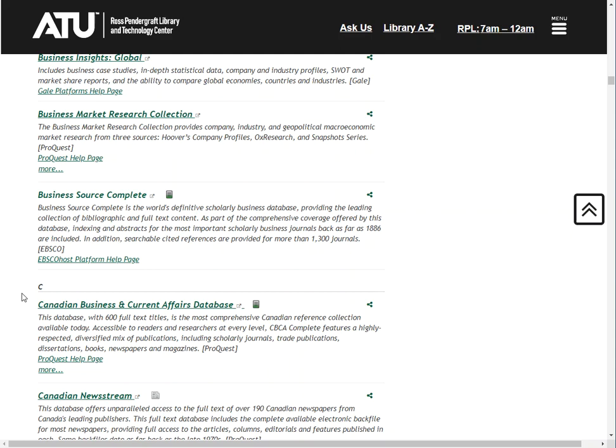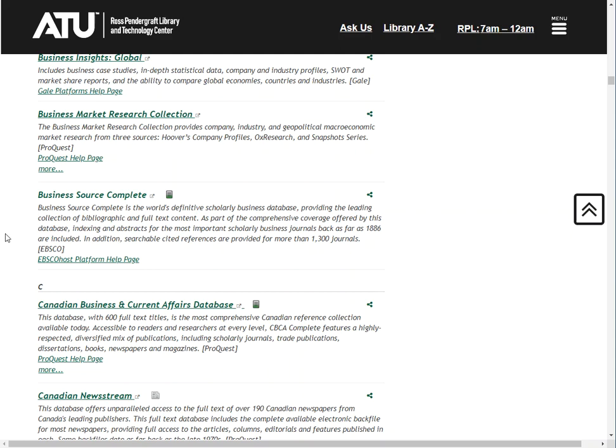So don't let it confuse you, and be willing to look at either database. In fact, I would look at both databases because there's some crossover and there's some not. I'm also going to show you about the world industry market research that you can find in these collections here.